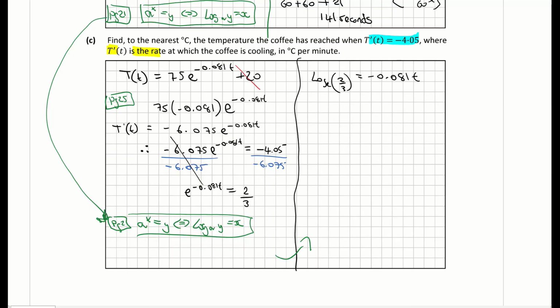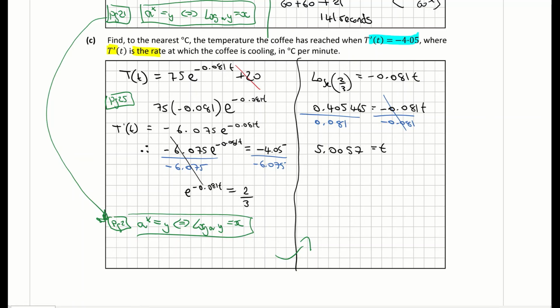Log of 2 over 3 to the base e is giving me minus 0.405465. I'm going to divide both sides now by minus 0.081, so that'll cancel. And when I divide that in, I'm getting 5.0057 is equal to t.